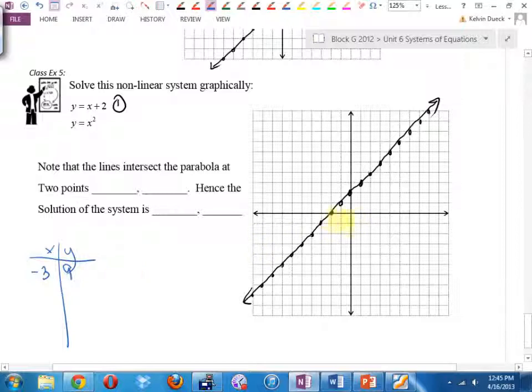Does that fit on my graph? 1, 2, 3, 4, 5, 6, 7, 8, 9. Yep. What about when x is negative 2?